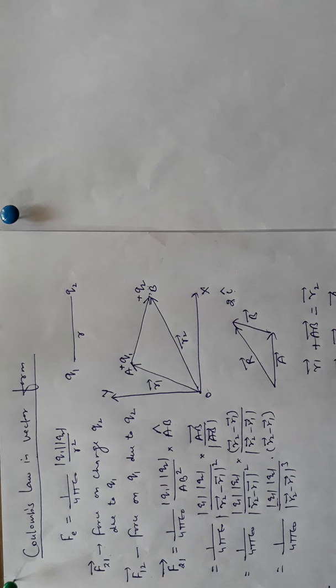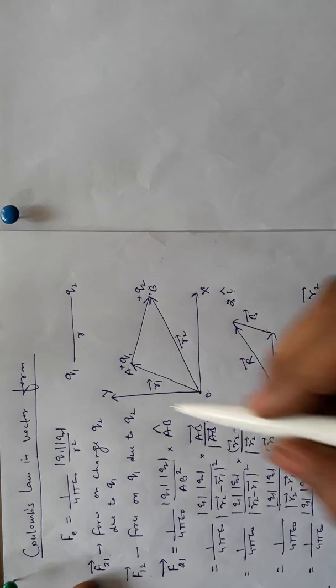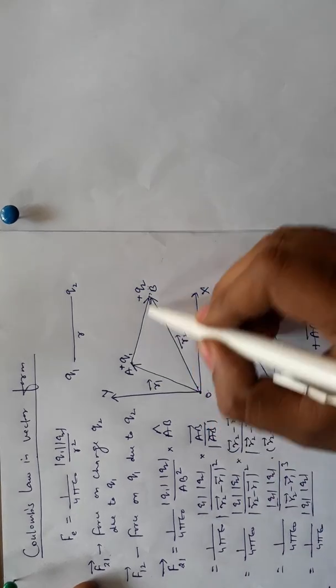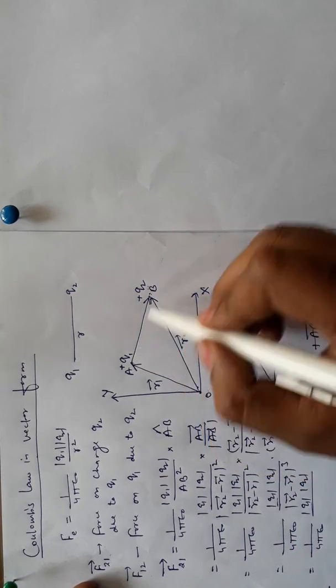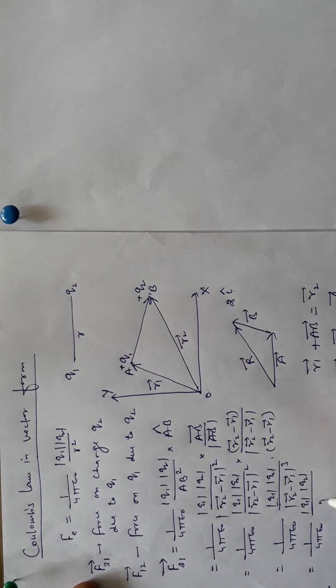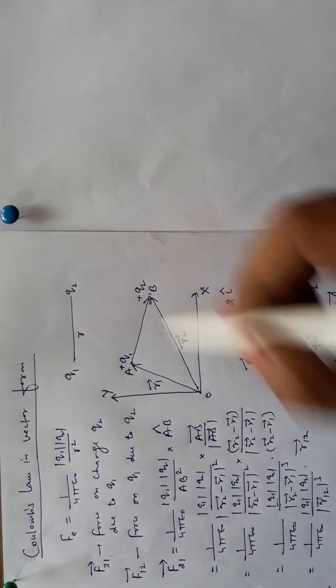Okay, in short we can write it as 1 by 4 pi epsilon naught mod q1 mod q2 upon, because R2 minus R1 is the vector AB going from A to B. So the direction of this is from Q1 to Q2. So R2 minus R1 we can write as R12 whole cube, and this is R12 vector whose direction is from charge Q1 to charge Q2.